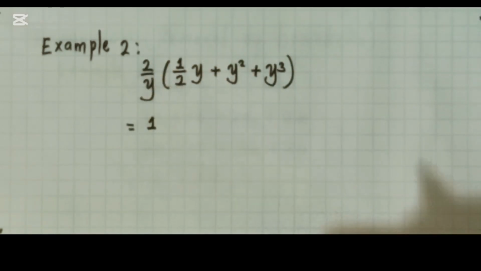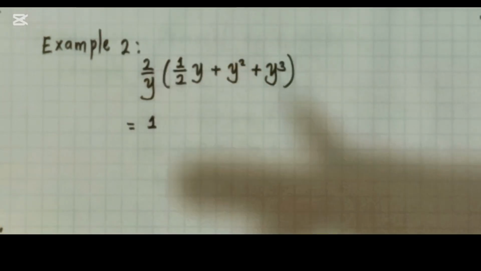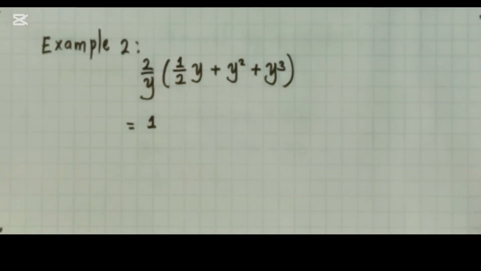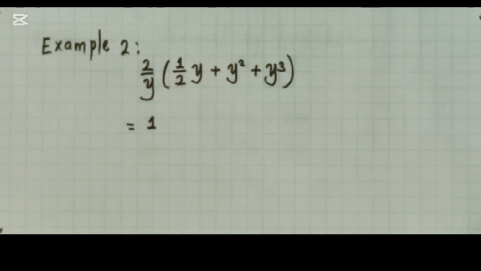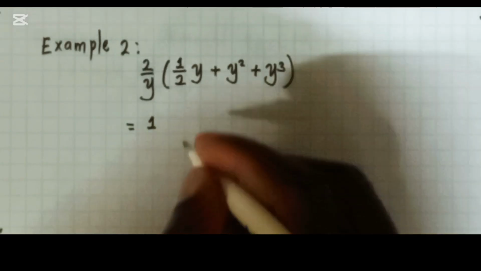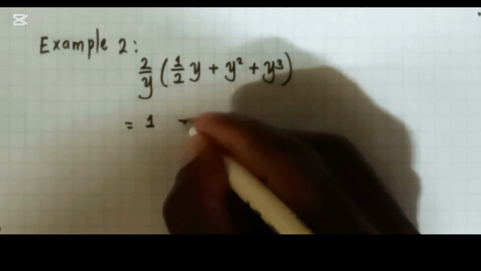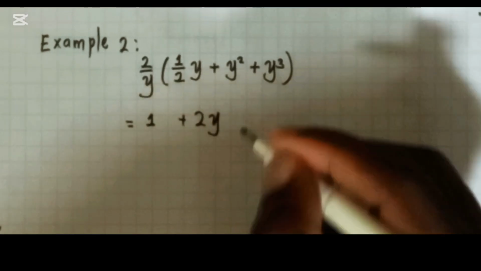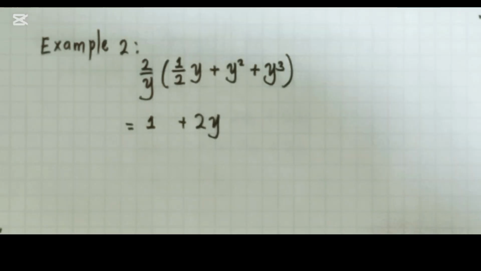So that is going to be 2 minus 1, as the power of y in this case is 1. So y squared divided by y will leave us with y. And so that will be 2 times y, giving us 2y as our final answer there after expanding for y squared.